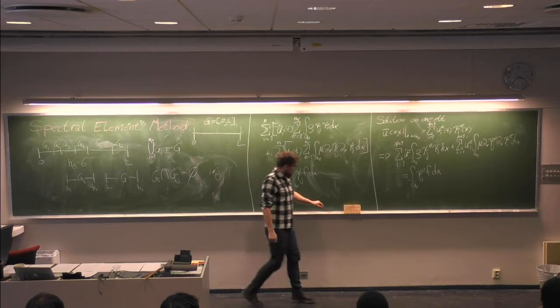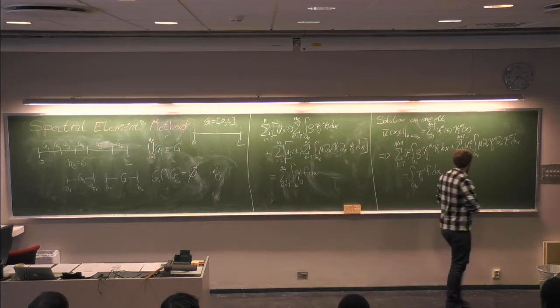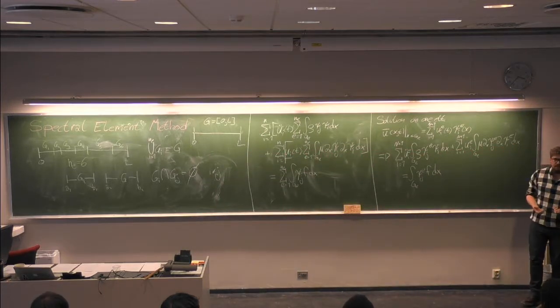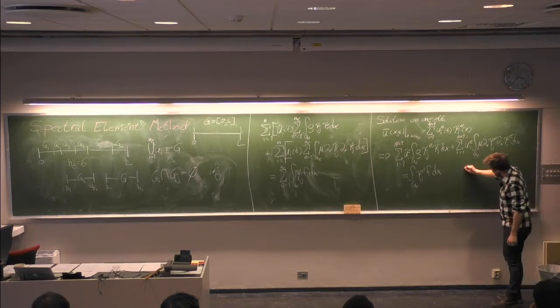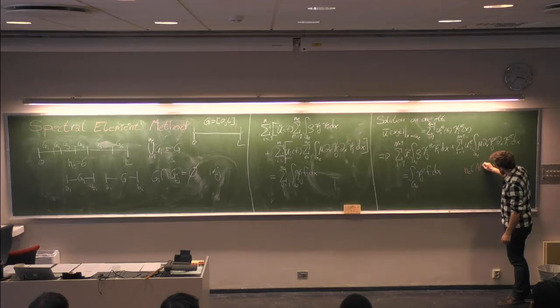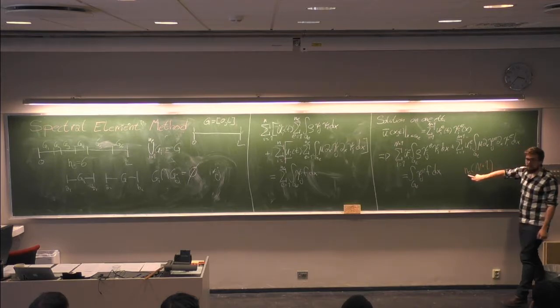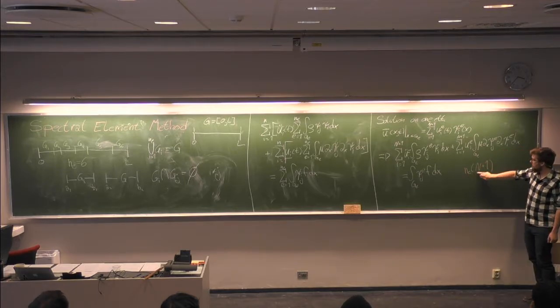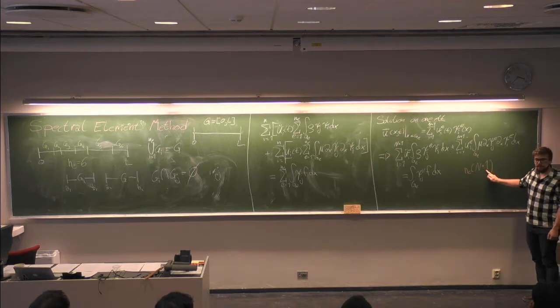And something you can note yourself is that the total amount of basis functions now is N_E times n plus 1, because each of these elements E has n plus 1 basis functions.